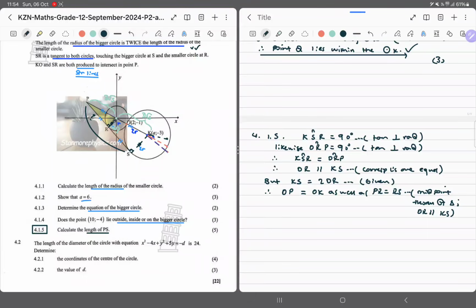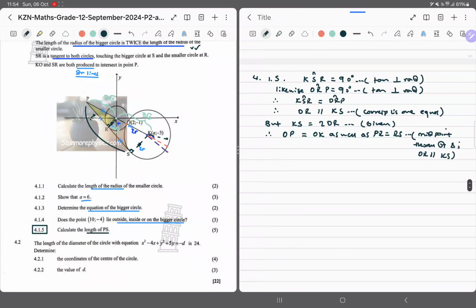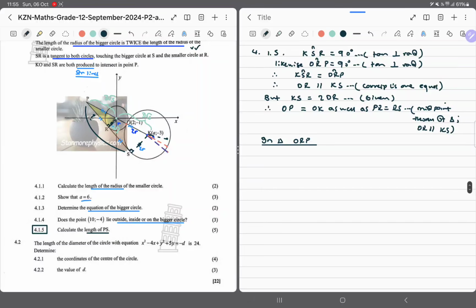Now, guys, we are ready to move. Because once we say those equalities and we have provided full reasons for that, now we can move on. We can say, in triangle ORP, what can we say here?